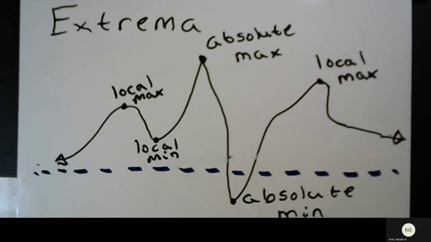And so these are the extrema of our function. What we're looking for are ways to identify these extrema. We're going to use a couple of methods today: the first derivative test and the second derivative test. And first off, it's going to introduce some terminology.